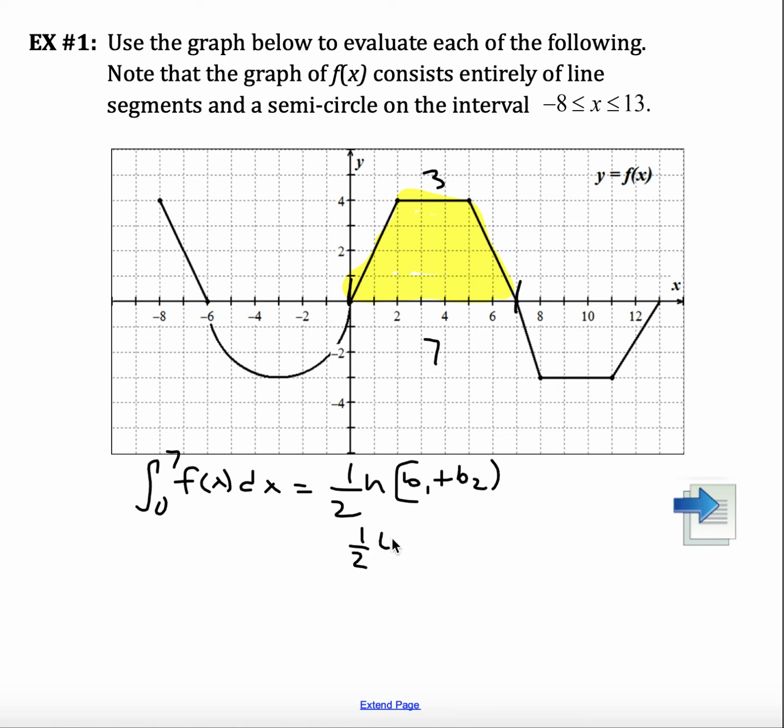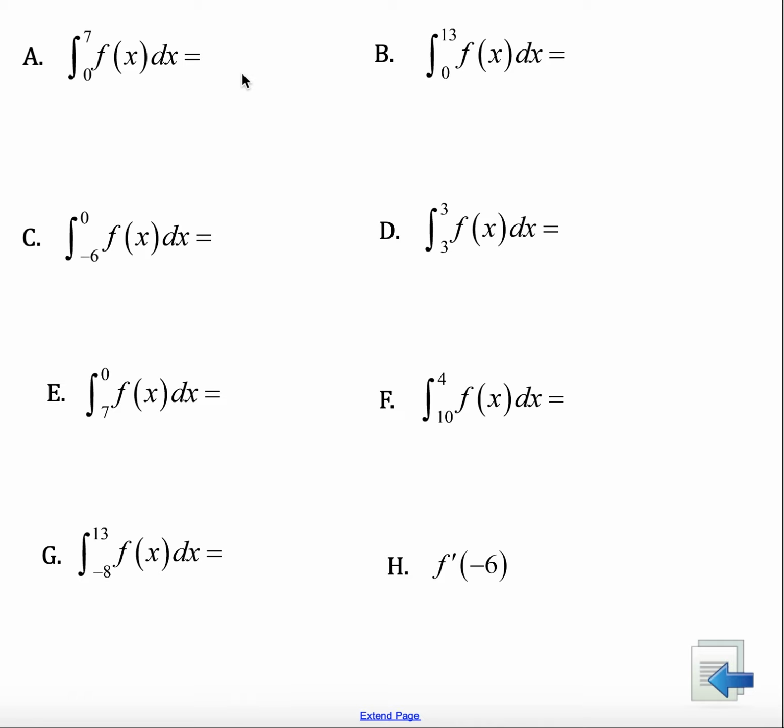So I just want to have 1/2 times 4, and then 3 plus 7. And if you do this, you get 10 times 4, that's 40. And when you divide by 2, you get an area of 20. Okay. So by looking at our area as a trapezoid, we see that this area is going to be 20.